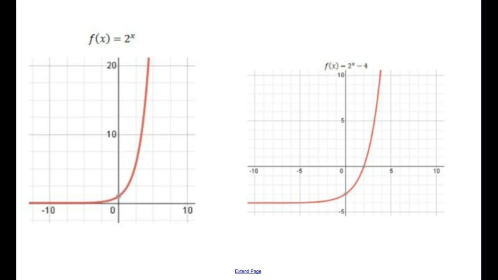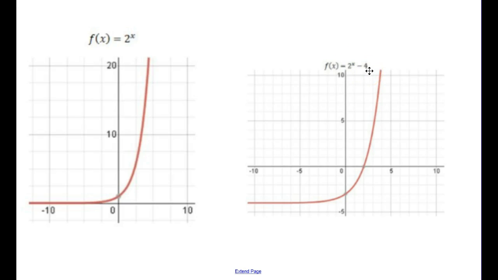Looking at the graph for an exponential function, first if we look at the left, we have f of x equals 2 raised to the x. When graphing exponential functions, it's easiest to create a table of values. Now if we look to the right, we have the graph for f of x equals 2 to the x minus 4.